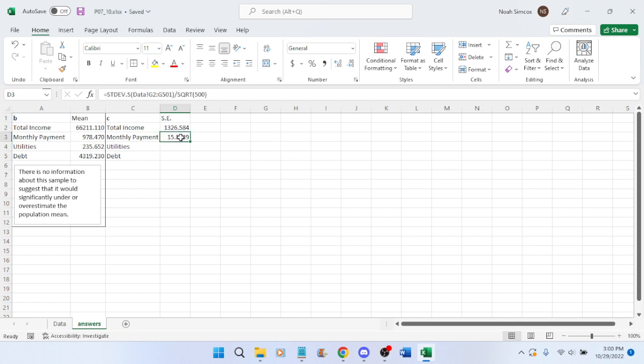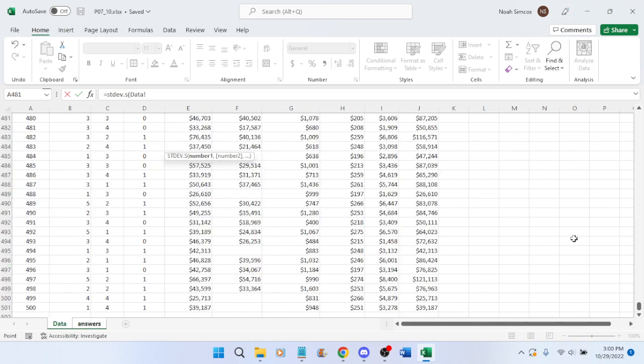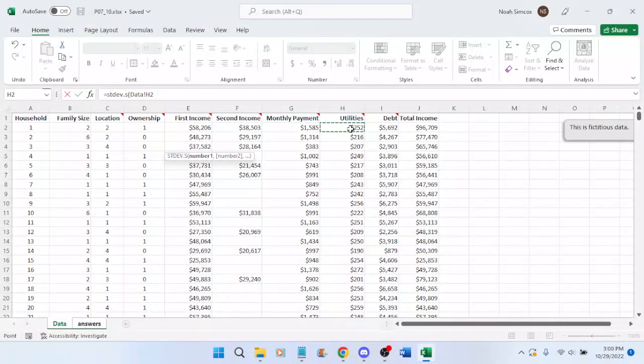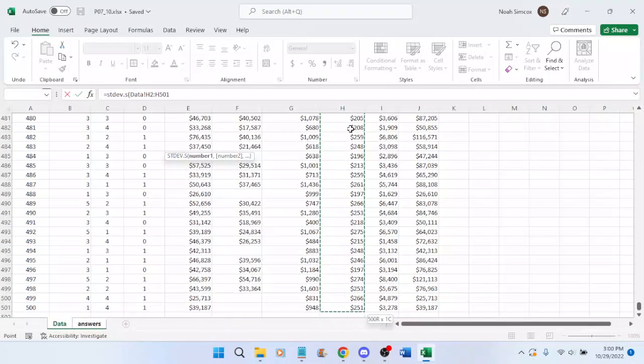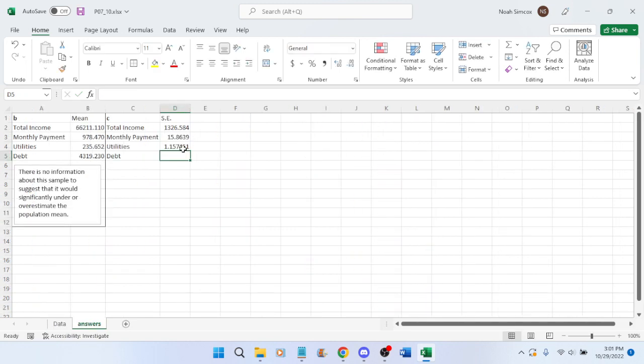So we already have this and this done. So we'll now do it for utilities equals standard deviation of utilities divided by square root of 500.